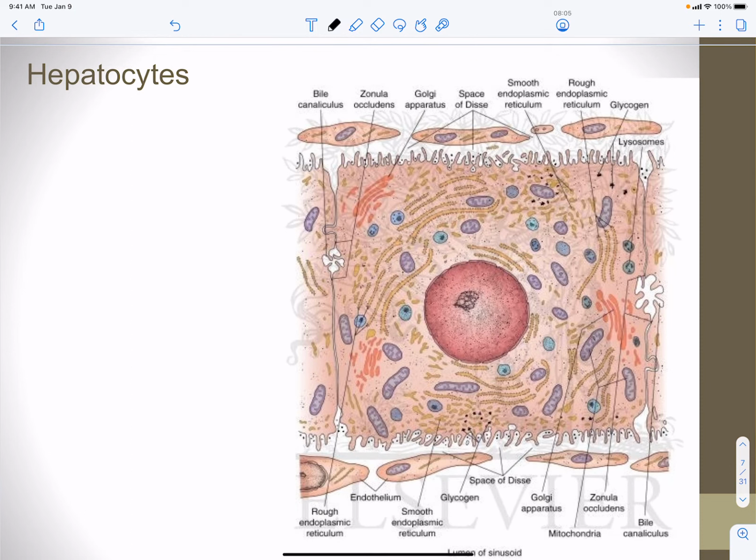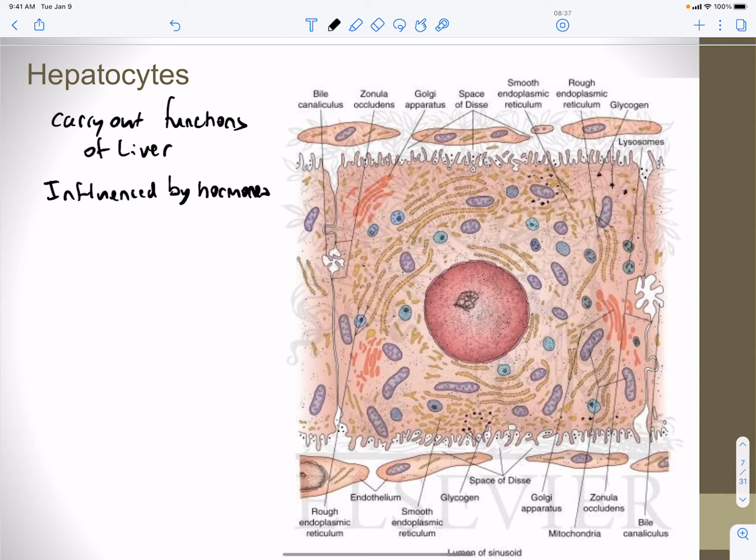So first, let's just talk briefly about hepatocytes. Hepatocytes are what we primarily have been focusing on in biochemistry, and they are going to carry out the functions of the liver. And of course, the hepatocytes are going to be influenced a lot by hormones. And they are going to be what are called quiescent cells, and so they have a very low turnover and a long lifespan.